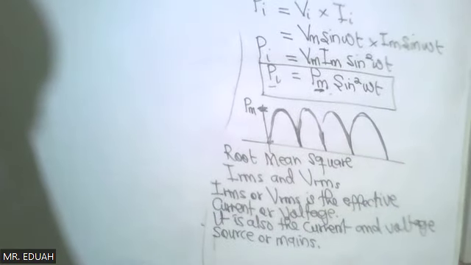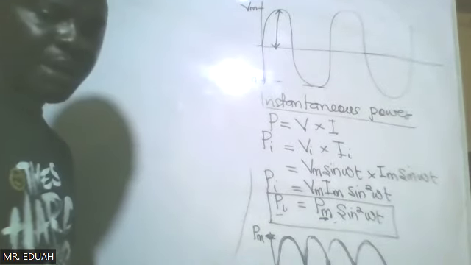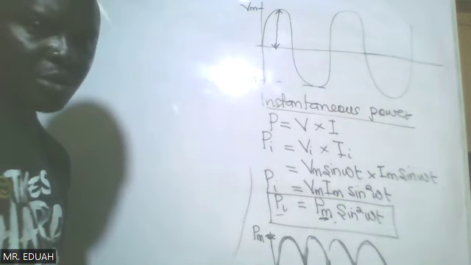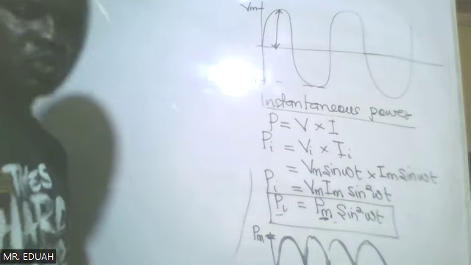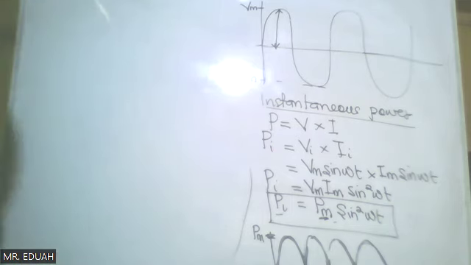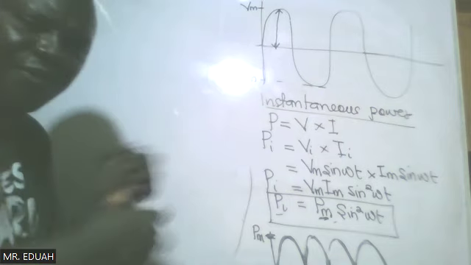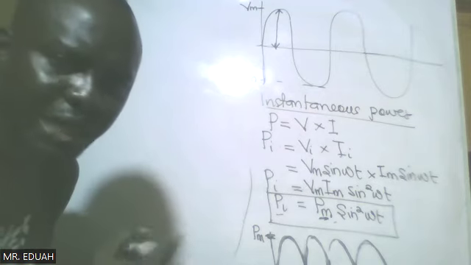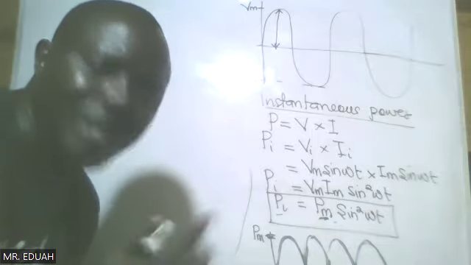We are always comparing AC to DC. The effective current, the equivalent direct current, which will do the same work under the same condition as alternating current.